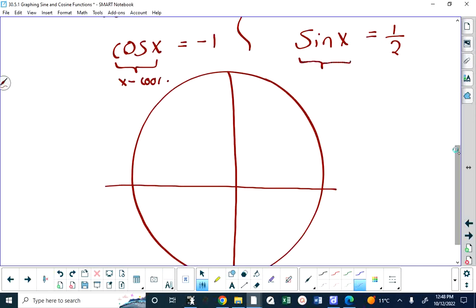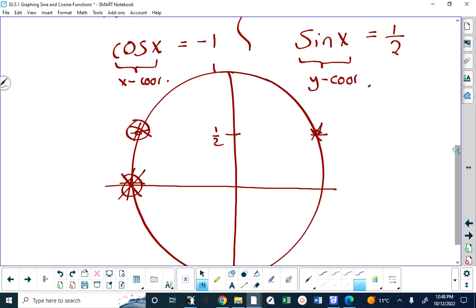Sine is a y coordinate. So where on the unit circle is the x coordinate -1? In this location. Where is the y coordinate 1/2? Well, there's a half. This is 1. This is a half. So here and here.